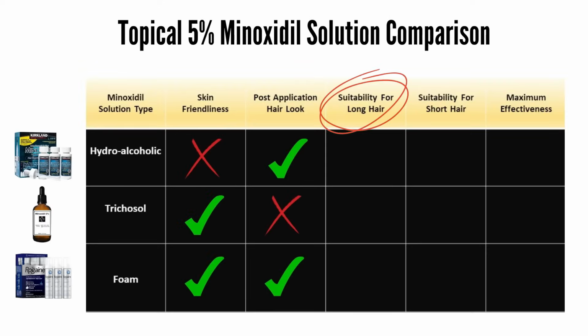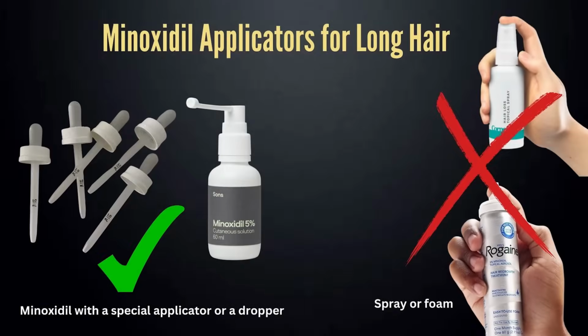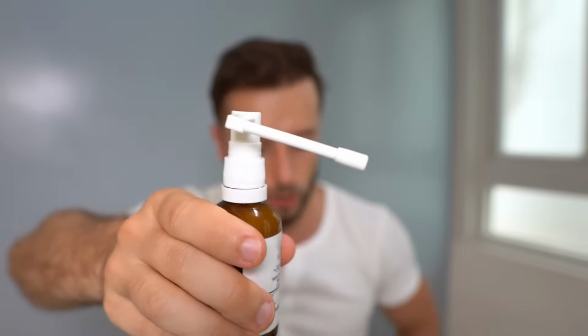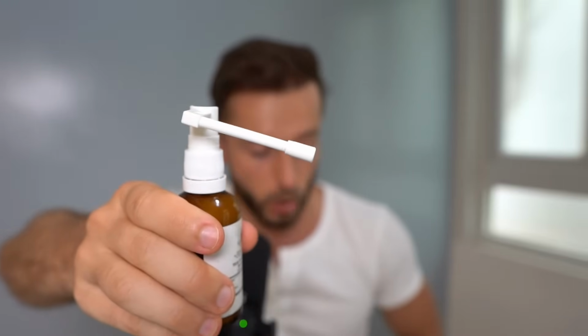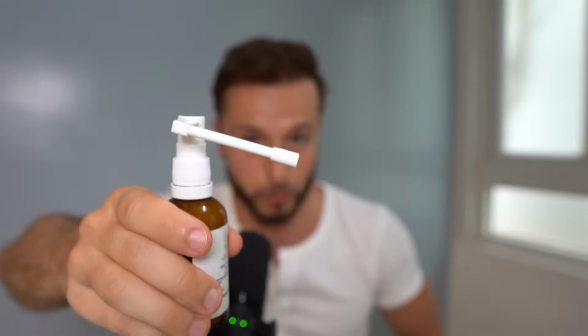Now, suitability for long hair. That depends on the applicator, on how you apply this as well, not simply on the product. But if you have long hair, I highly advise something like this, an applicator that you can direct onto the scalp. You never want to apply on the hair. You apply to the scalp where the hair is rooted.